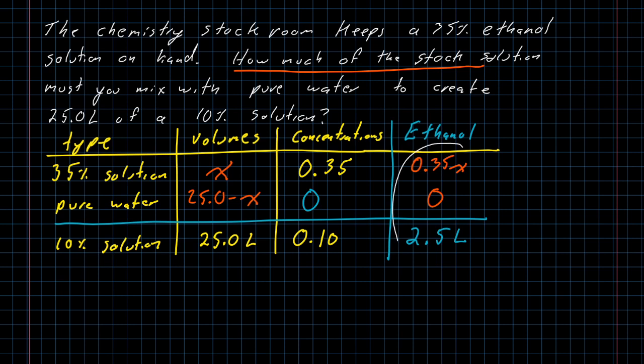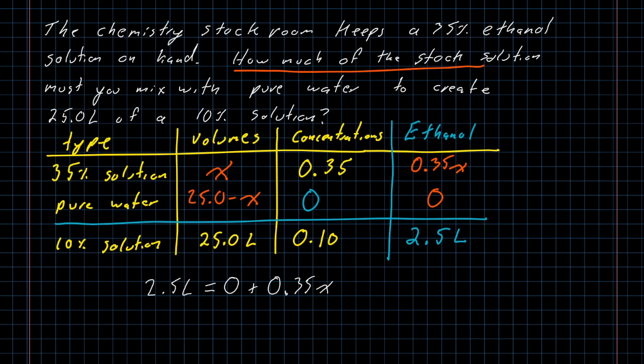And again, this bit here is the thing that we can really focus on. I know that I need to end up with 2.5 liters of ethanol. I know that I got no ethanol from the pure water, but I did get some ethanol, 0.35x, from the 35% solution that I included.